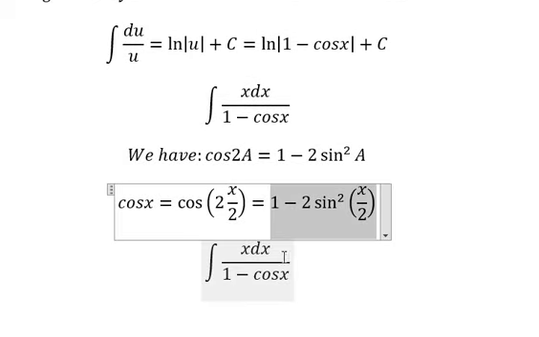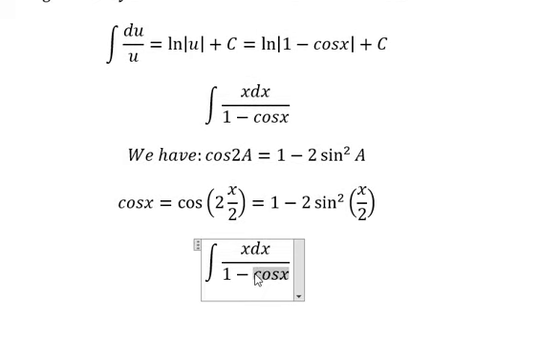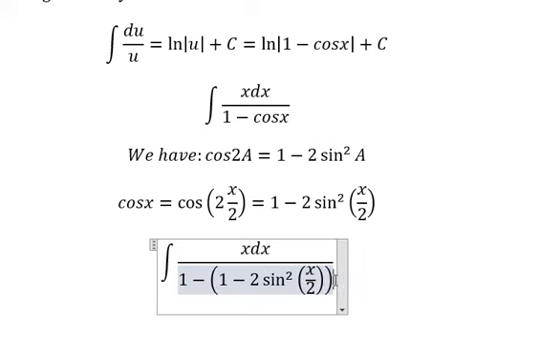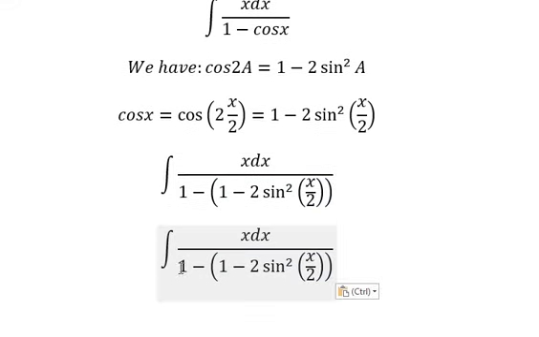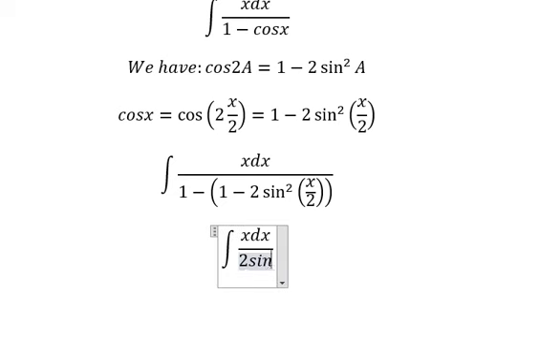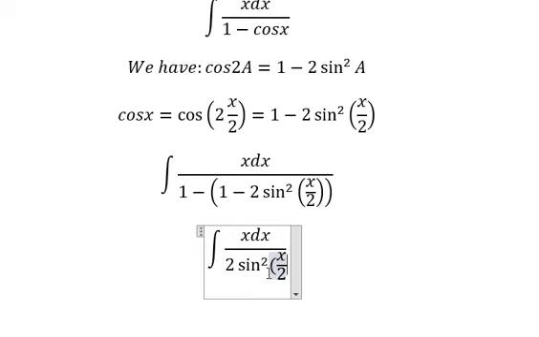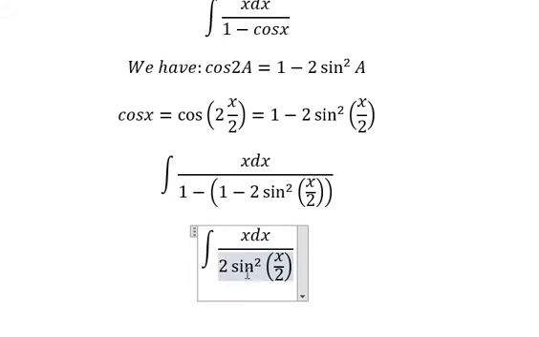So we put this in here, and we got 2 sine squared of s over 2, and I will put 1 over 2 in here.